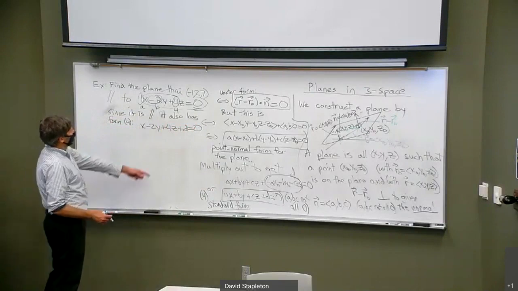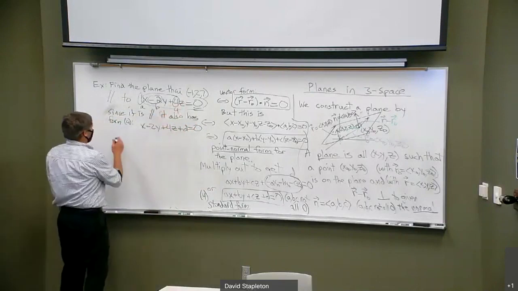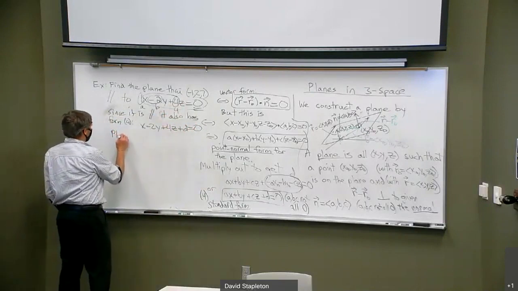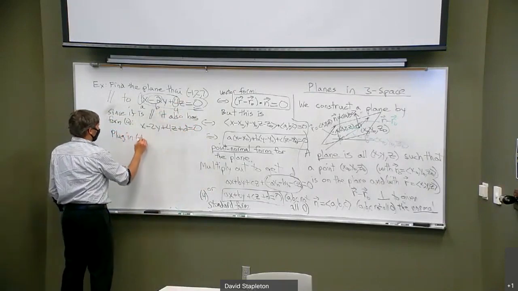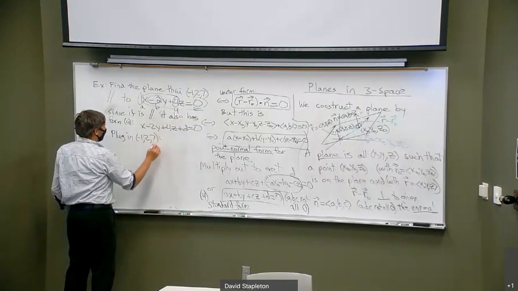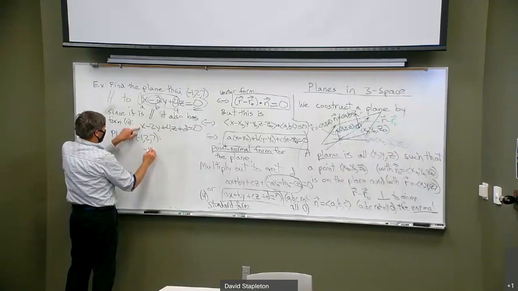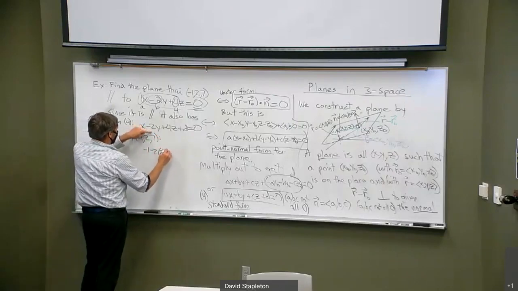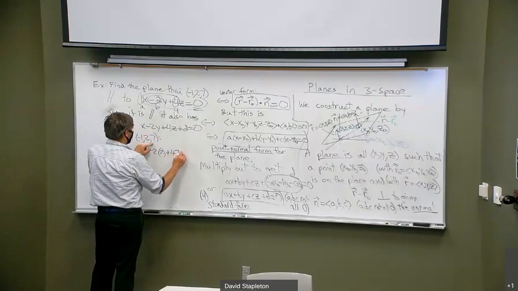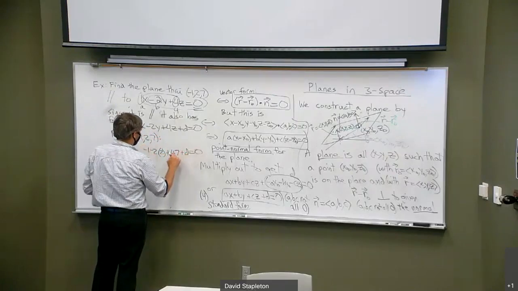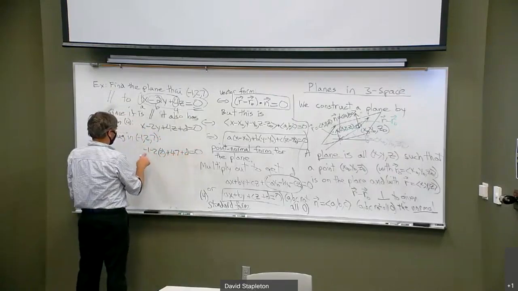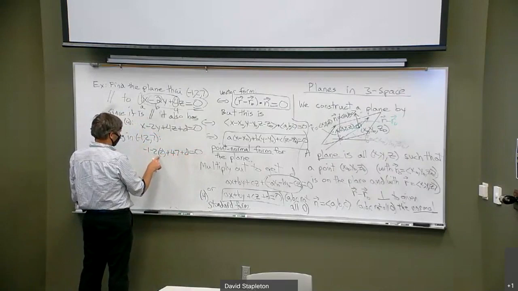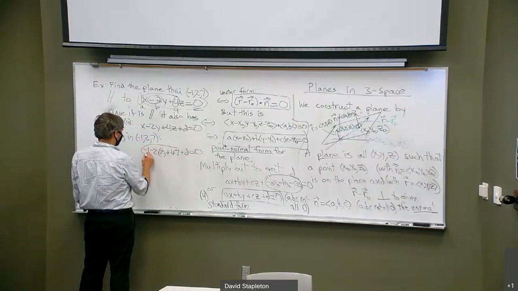All we have to do is plug in this point now and find out what d is. Plug in -1, 2, 7 for x, y, z. So we get -1 minus 2 times 2 plus 4 times 7 plus d equals 0. And let's see, -1 minus 4 is -5, plus 28 is 23. Evidently d equals -23.